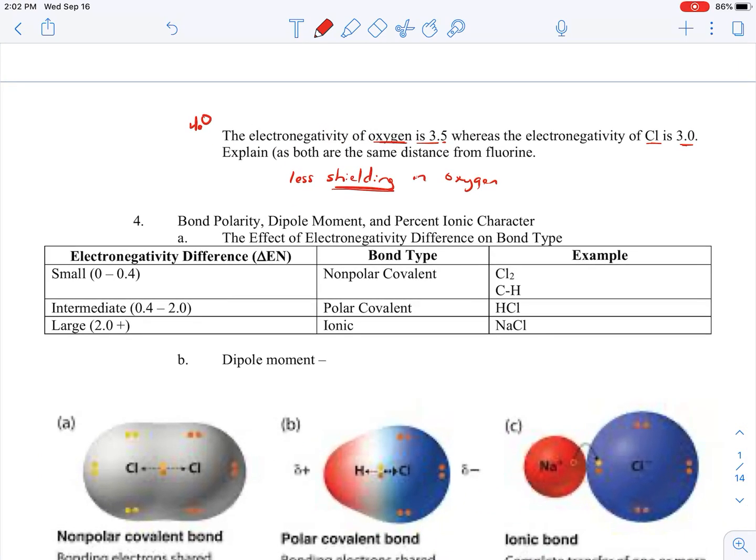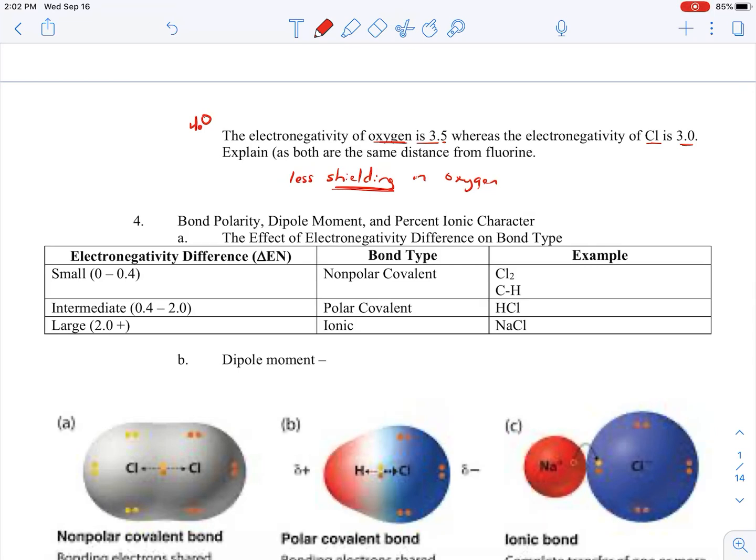Now, what this electronegativity all leads to is, when we look at two atoms, their difference in electronegativities when we subtract them. Let's say we have oxygen and fluorine bonded, their difference is 0.5. We take 4 minus 3.5. So when they have a small difference in electronegativities, we consider that a nonpolar covalent bond.